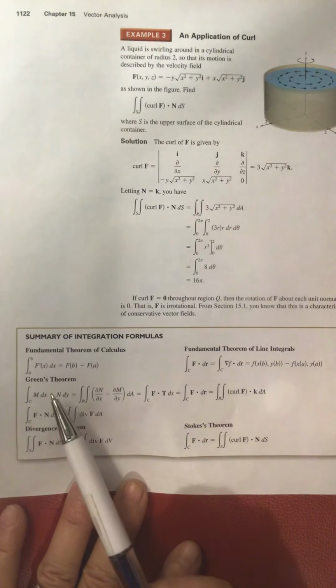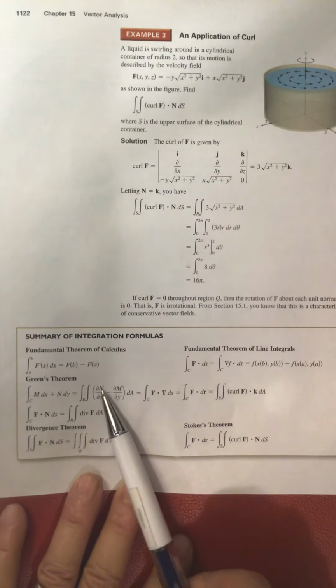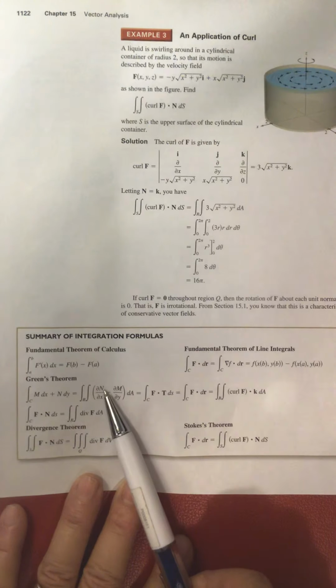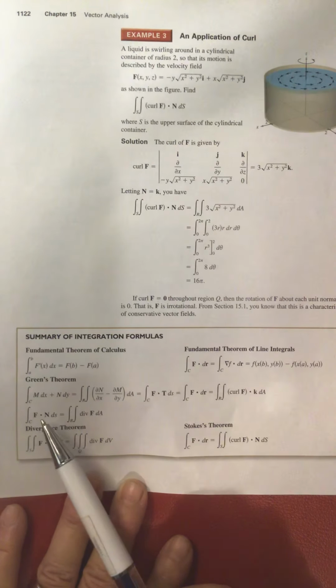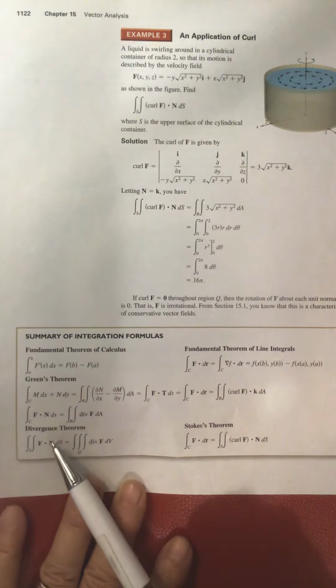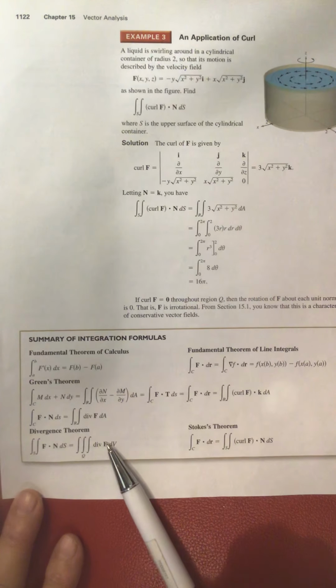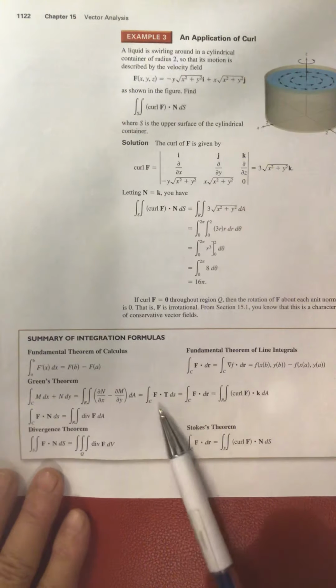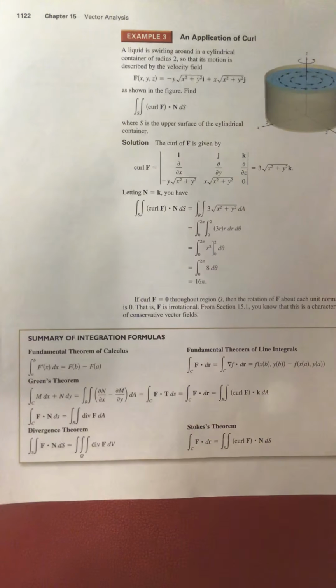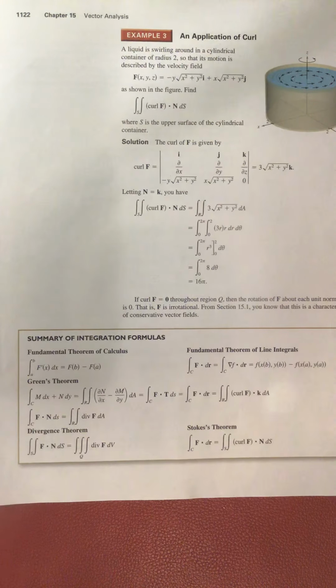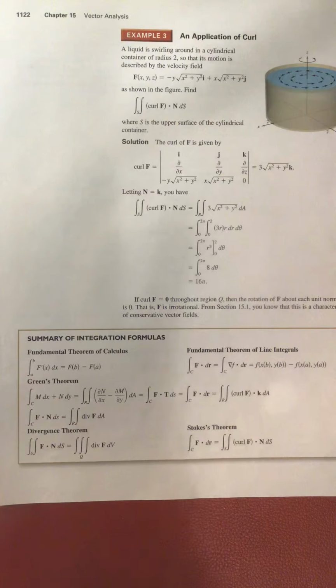And Green's theorem, another way to evaluate a line integral. Okay? And then the divergence theorem, a way to evaluate a surface integral. This chart, along with the chart earlier in the chapter, in section 1, dealing with conservative vector fields, is what's in chapter 15.